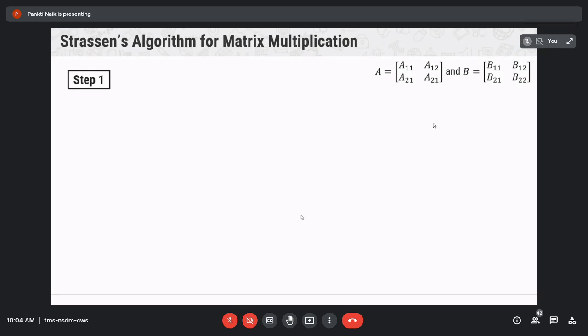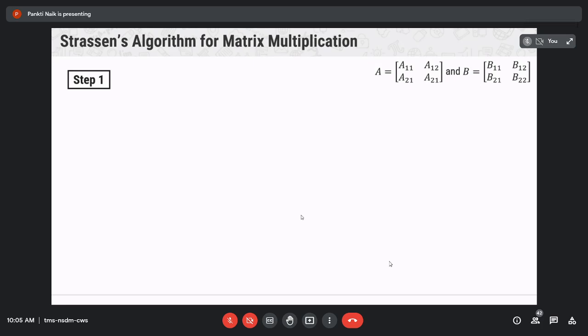So step one in Strassen's algorithm is to find the value of sub problems or divide this matrix into a number of sub matrices, right? So that is S1, S2, S3 up to S10, like this, right? So S1 is equal to B12 minus B22, right? Then S2 is equal to A11 plus A12, right?